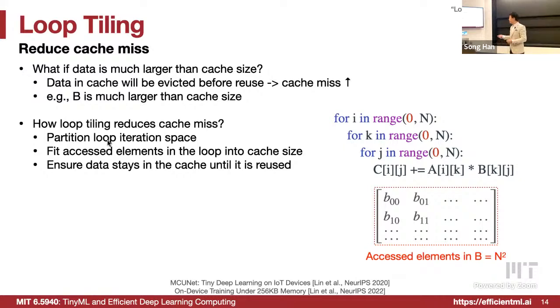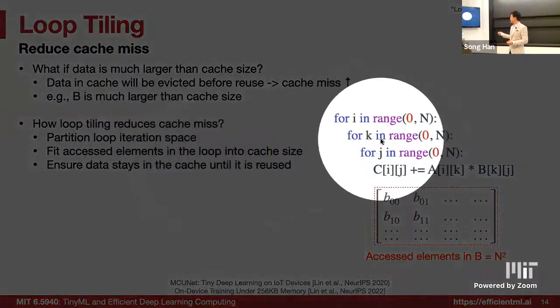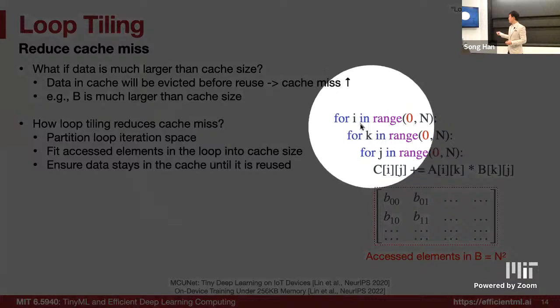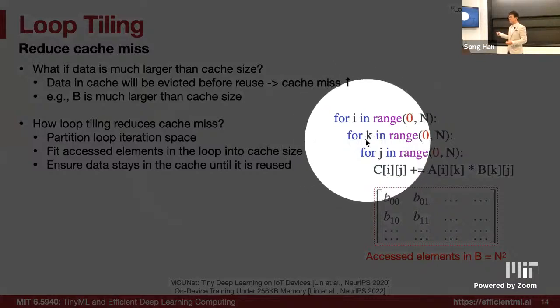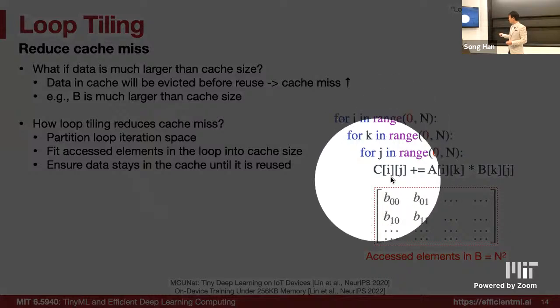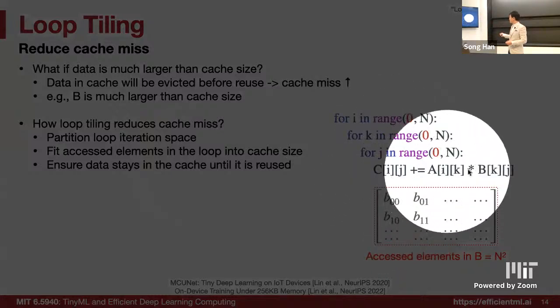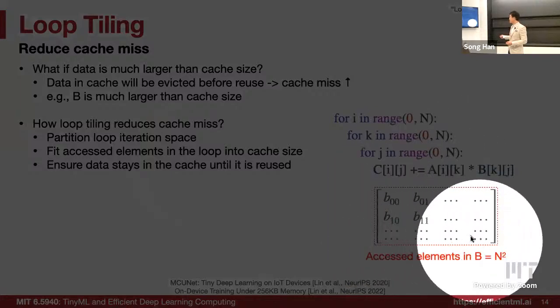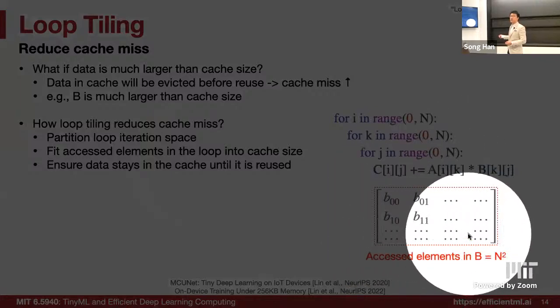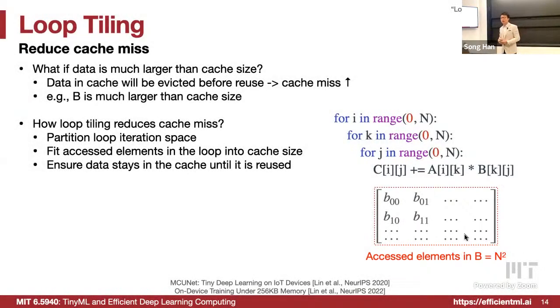For example, this is our baseline, simple naive implementation of a matrix multiplication. The number of elements in A, B, C is all n squared. So the accessed elements in the B matrix is n squared. That could be pretty large. But we want to ensure the data can stay within the cache until it's reused.